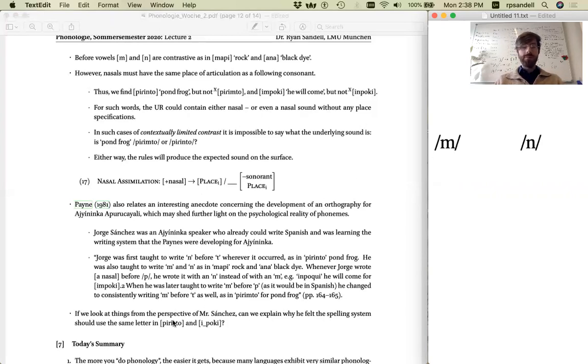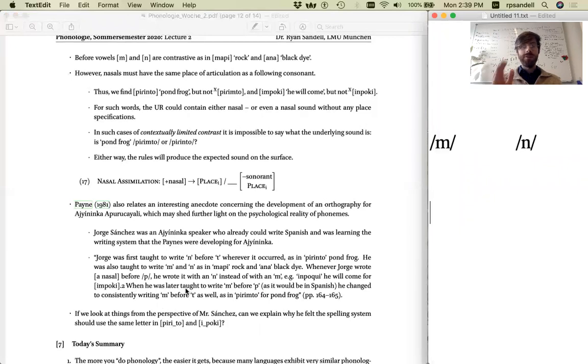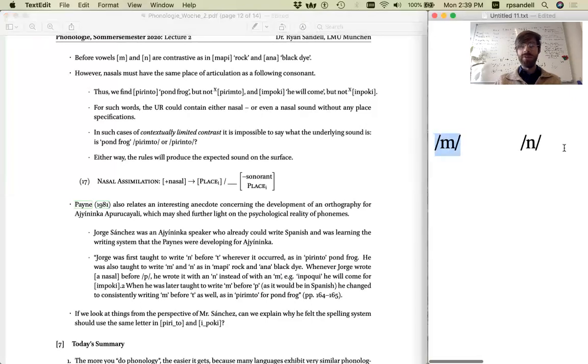But for those words, pond frog, pirinto, and he will come, impoki, evidently Mr. Sanchez believed that those words contain the same nasal phoneme, and since they contain the same nasal phoneme, he reasonably believed that he should use the same orthographic symbol to represent it. And evidently it didn't matter to him whether he used one sign or the other sign that was being used for contrastive nasal phonemes in the language.